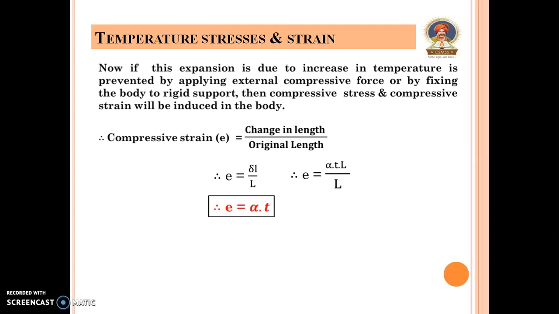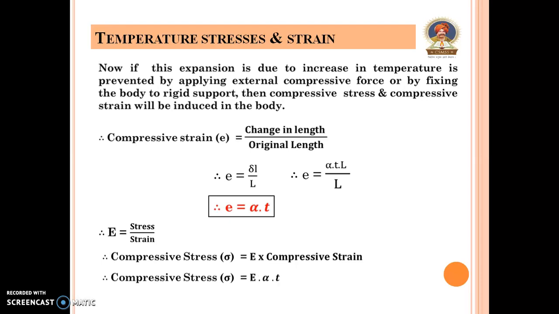We know that Young's modulus is equal to stress upon strain. Therefore, the compressive stress is equal to Young's modulus E into compressive strain.